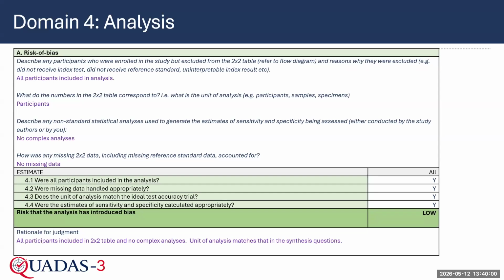So here, these support questions link directly to our signalling questions, and we haven't got any concerns here. We've got all participants entered into the analysis, haven't got any missing data. The unit of analysis matches what we've defined in our ideal test accuracy trial, and we've just done simple calculations to get to sensitivity and specificity, so they're calculated appropriately.